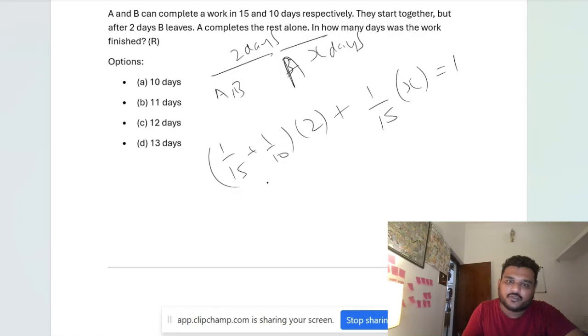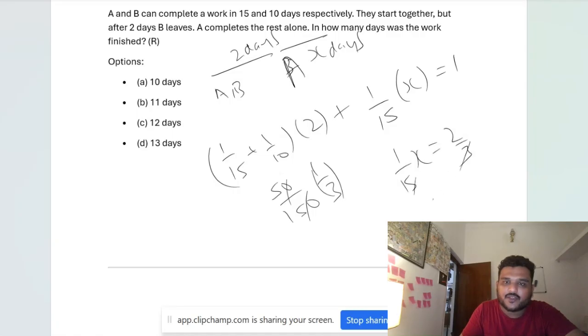If we solve this, 25 upon 150 or 50 upon 150. So 1 by 3, we take it to the other side, so this becomes 2 by 3, so X becomes 10. So simply 10 days.